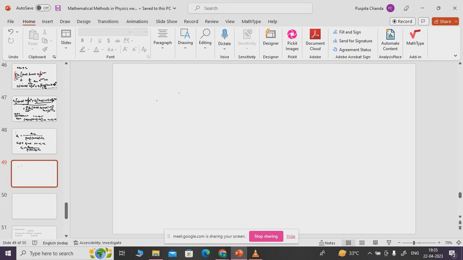So C1 is equal to 0. C2 will become minus C naught over 1 into 4 plus 2, which is minus 1 by 6.